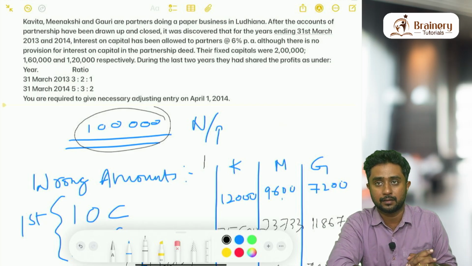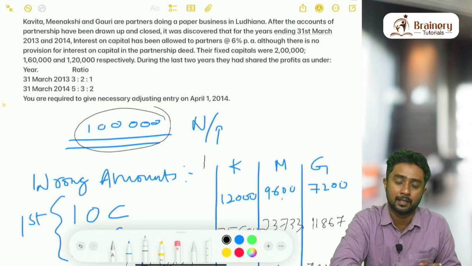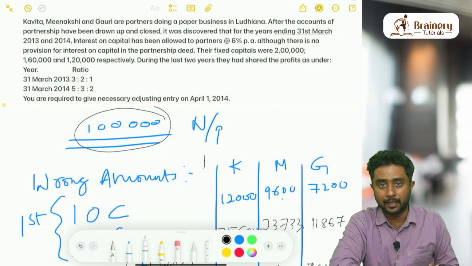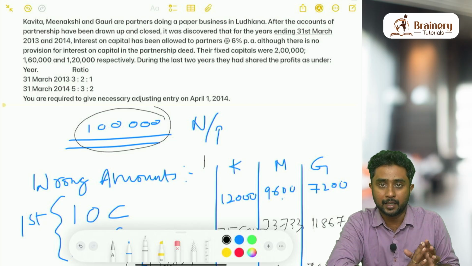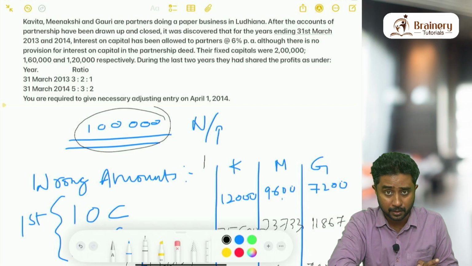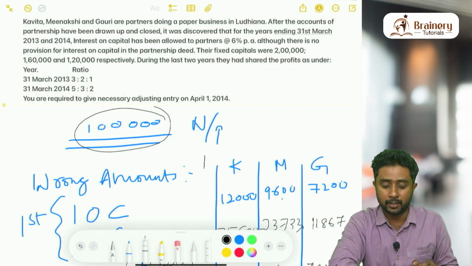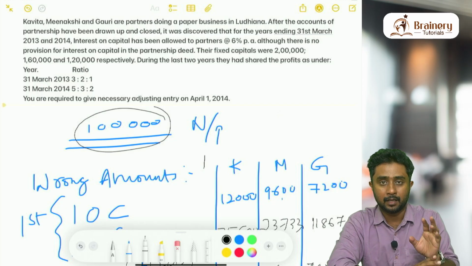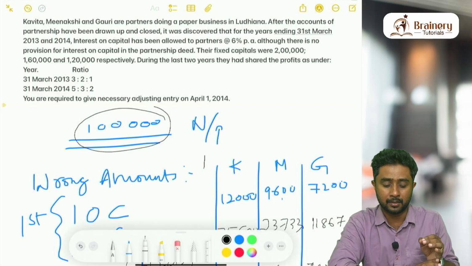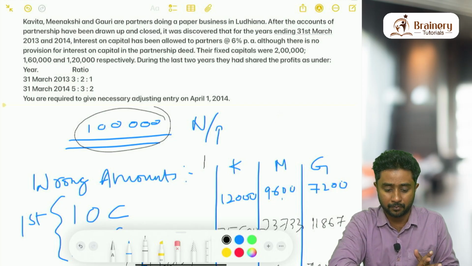Most of the students, when they reach this part of the question, will get confused. They will think the profit sharing ratio was 1:1:1 and that they shared it wrongly in the past 2 years. That is not what it means. Here they have clearly mentioned in the question that the only thing missing in the partnership deed is the rate of interest on capital. That means the ratio in which they shared the profit during the past 2 years is correct.